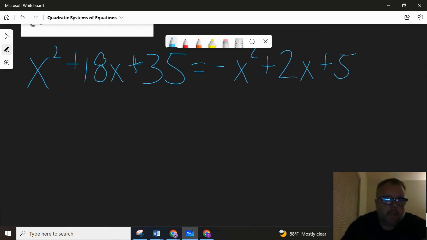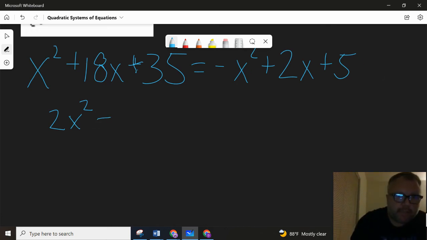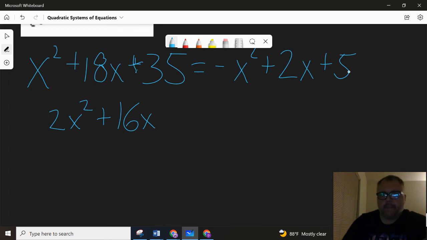So I'm just going to take everything on the right and move it to the left. I'm going to add x squared to both sides. Now I'm going to subtract 2x from both sides, so 18x minus 2x gives me plus 16x. And then my constant, I want to subtract 5 from both sides, so plus 30 here.